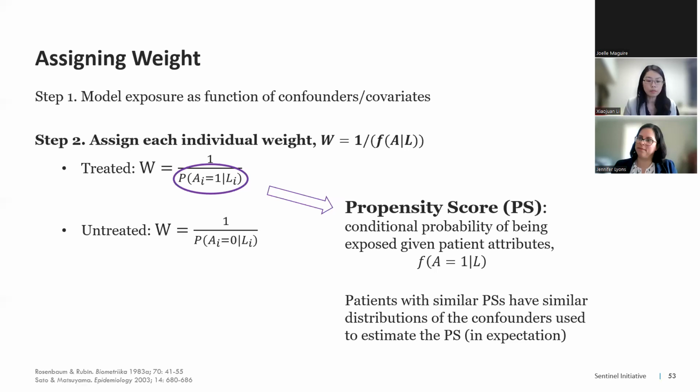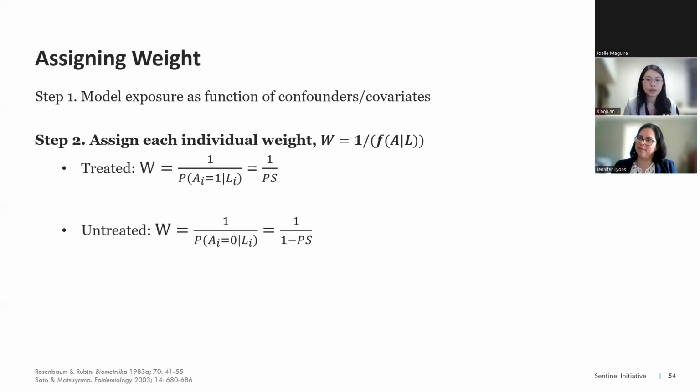So now using the propensity score, for the treated group, their inverse probability of treatment weight is basically just 1 over propensity score. Well, for the untreated group, the weight is 1 over 1 minus propensity score, because again, the inverse probability of treatment weight is the inverse of probability of receiving the observed treatment given covariates.